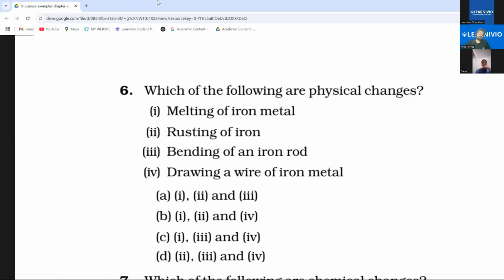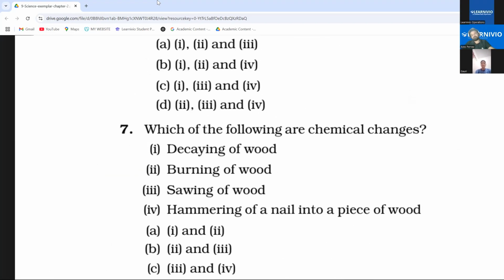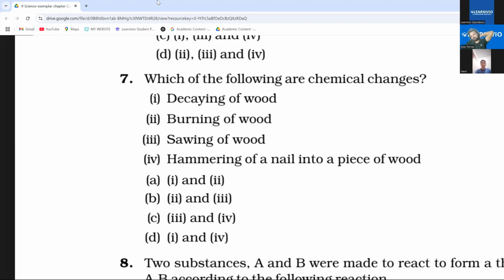Question number six. First, third, and fourth. Rusting of iron is not a physical change, it is a chemical change. Question number seven.